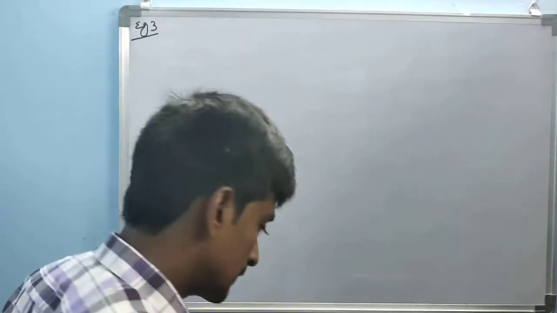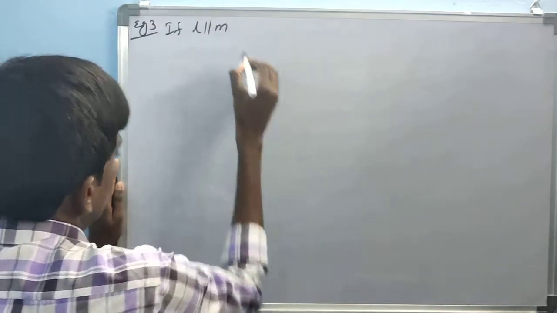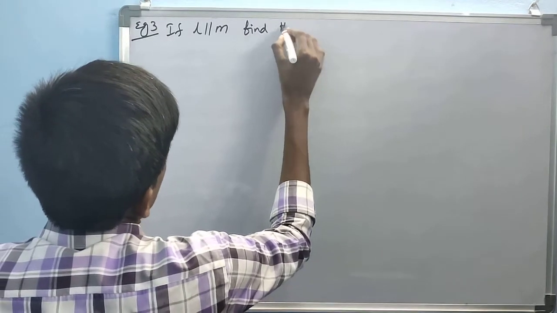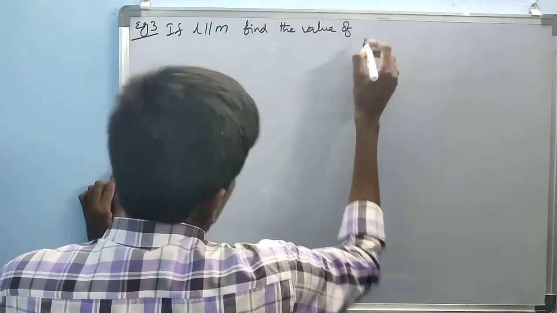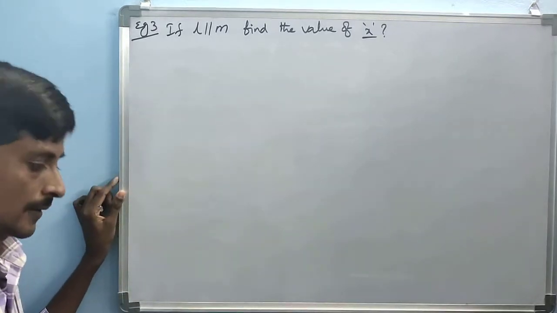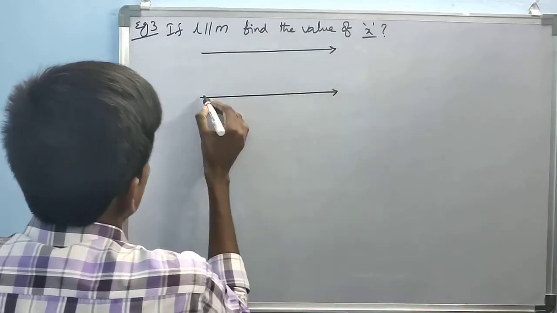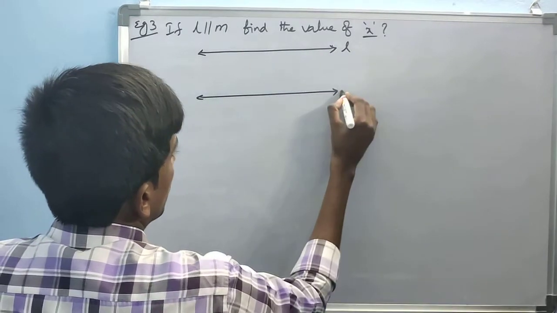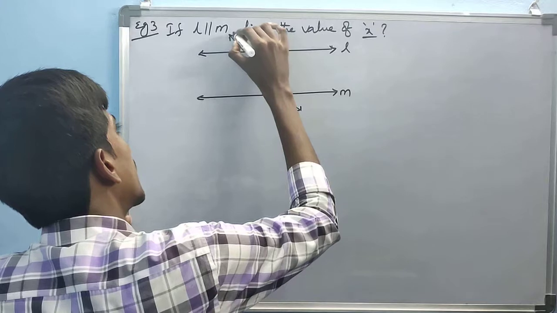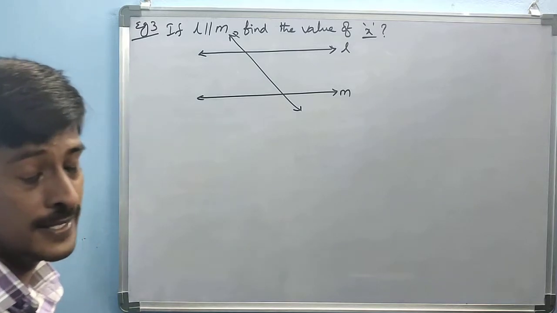Example 3. If L is parallel to M, find the value of x. Here some diagram is given. L, M, and another one is line P. This line P is called a transversal.